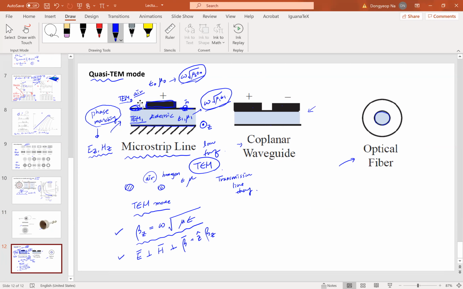Pure TEM mode cannot be supported due to the phase mismatching. But this microstrip line operates at very low frequency, so that the extent of this phase mismatching is very small, and this longitudinal field is also very small, so that it almost looks like TEM mode. In that case, we can apply the transmission line theory that we have studied before.